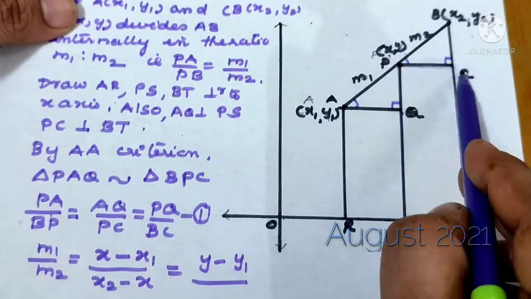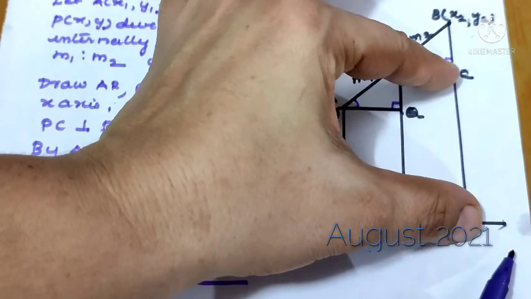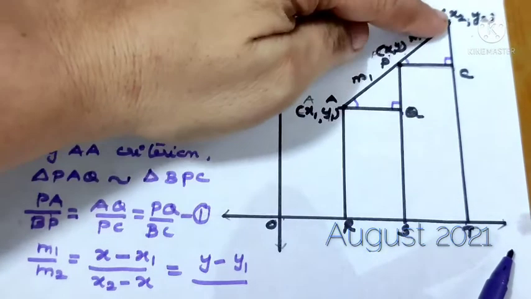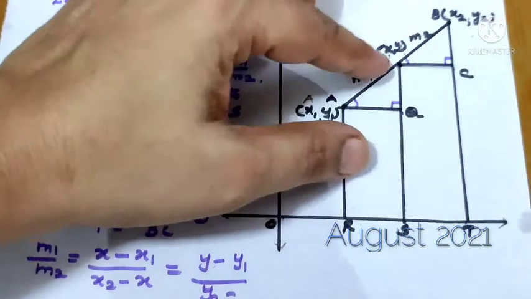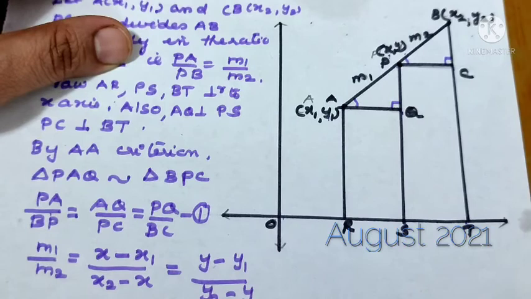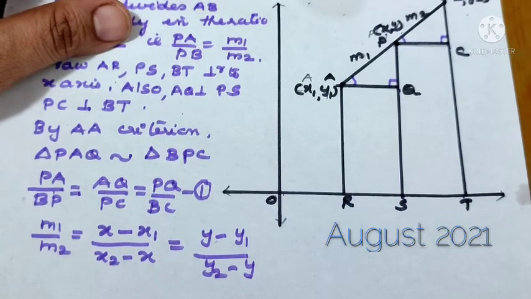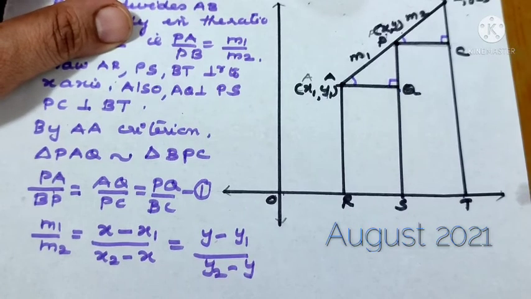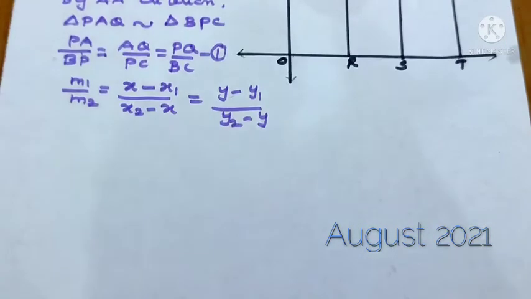BC means up to here only, so we take the total distance minus this. The total distance is y2 minus TC, and TC is y only. So we got the ratio m1 by m2 equal to (x minus x1) by (x2 minus x) equal to (y minus y1) by (y2 minus y).